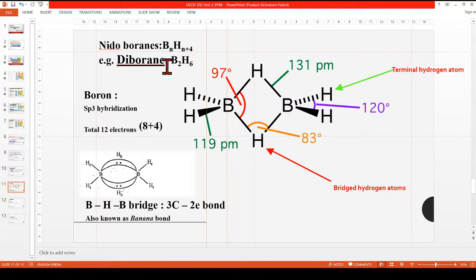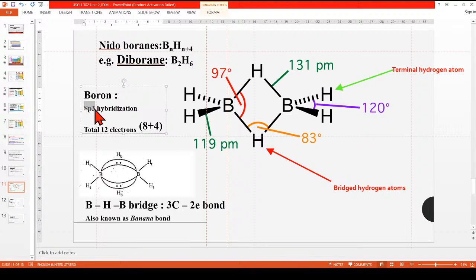As far as the boron is concerned, boron in this case undergoes sp3 hybridization. Remember this. In case of diborane, boron undergoes sp3 hybridization, and a total of 12 electrons are involved. How 12 electrons? Terminal bonds are made by how many electrons? 2 electrons, 2 center.